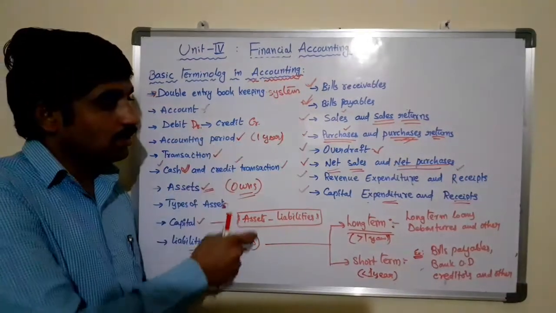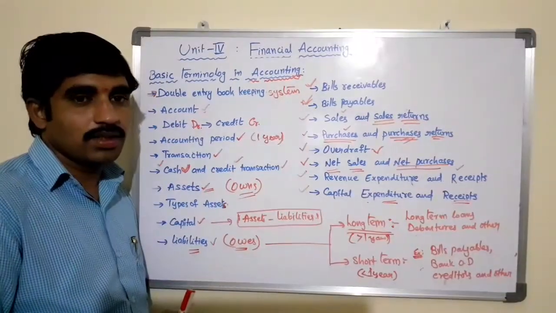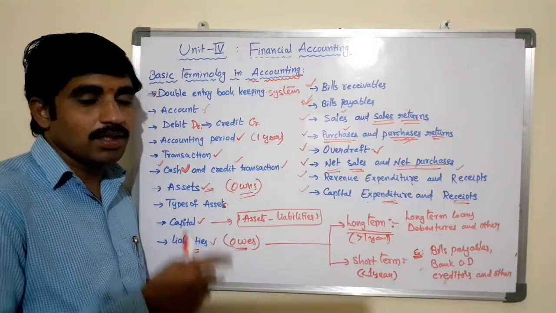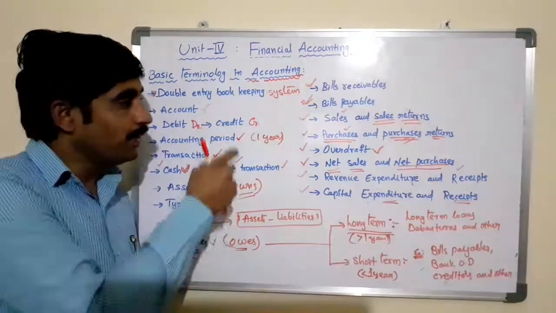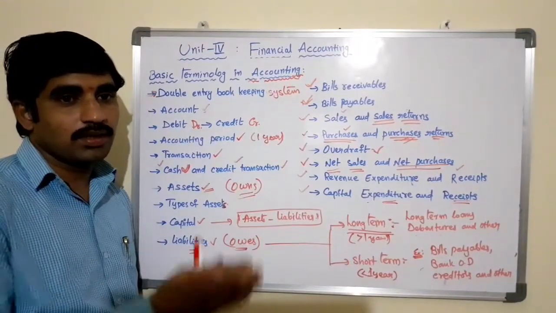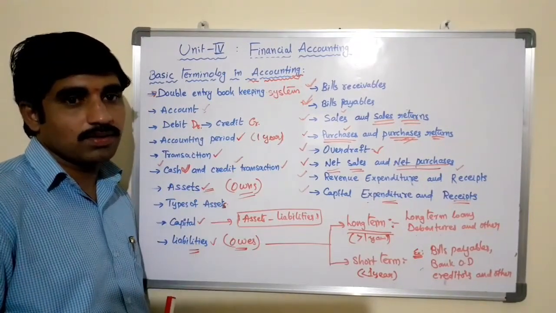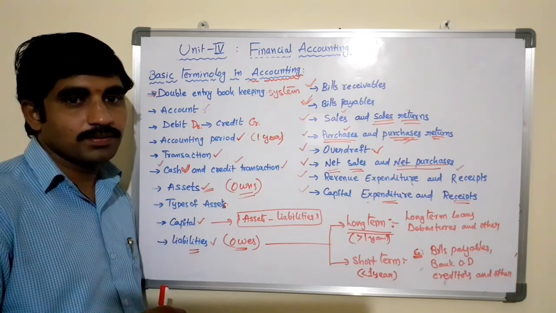So this terminology is very important under the double entry bookkeeping system. Each and every person has to understand the meanings of these terminologies in order to understand accounting concepts like final accounts. Okay, thank you.